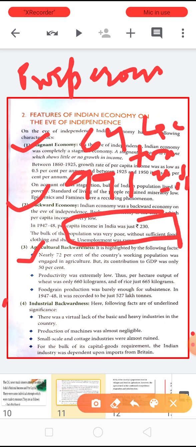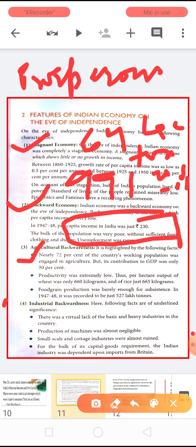The productivity of wheat was nearly 5.2 times lower in 1947 as compared with the level in 2018-19, and the productivity of rice was nearly 4 times lower in 1947 as compared with 2018 to 19. This is the condition of production and productivity of India's crops in the year 1947 and 2018 to 19.